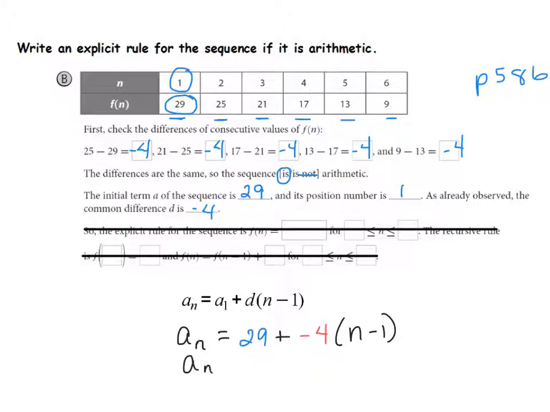We probably would more commonly write that as 29 minus 4 parenthesis n minus 1. That is our explicit rule. Now you might be thinking, do I need to distribute this? Do I need to simplify? No. This is the typical form that you'll find a sequence in, so you can leave it in that form.